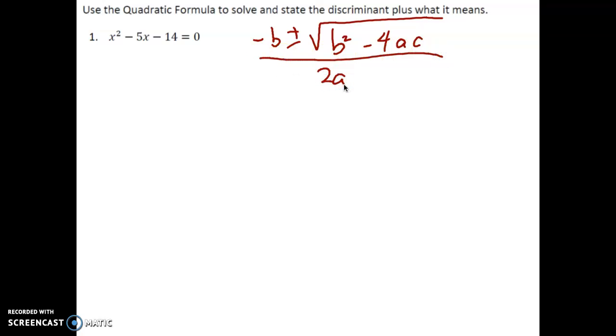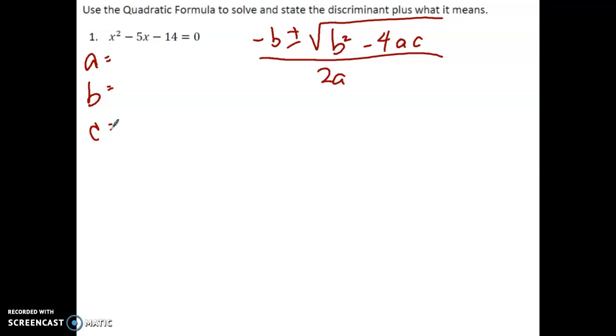And remember, I told those of you who are planning on going forward into a college algebra or a pre-cal type class, you will need to have this memorized before you get there. All right, so let's identify what is A, what is B, and what is C in this particular quadratic.